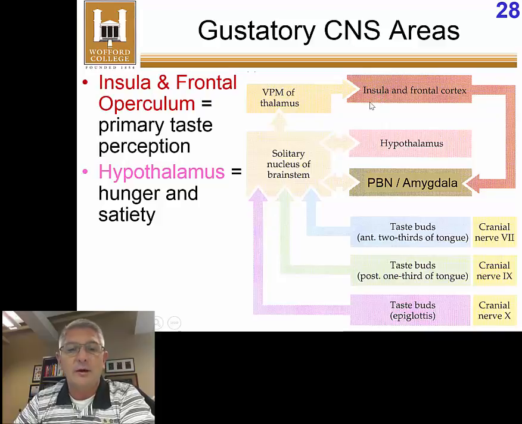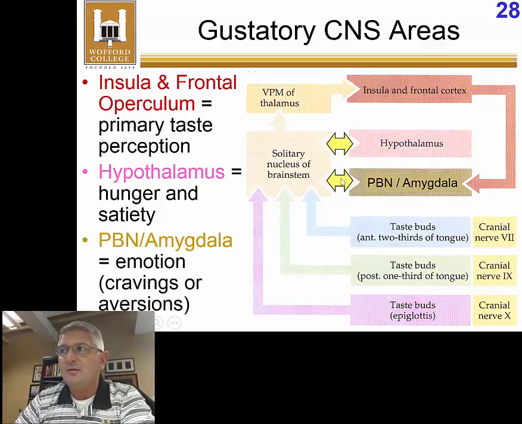So whether or not you are really hungry or really full can change your flavor perception of food. Likewise, with the PBN and amygdala, there's also this bidirectional pathway. So your emotional state, the emotional value of stimuli, can influence your perception of that stimulus. And so changes in your emotional state, like a learned taste aversion, can make a food that used to have a perception that was very good now have a perception that's very bad.